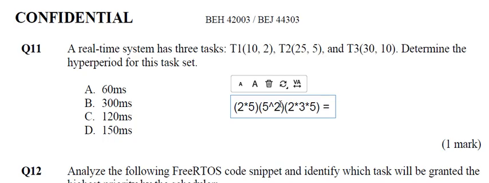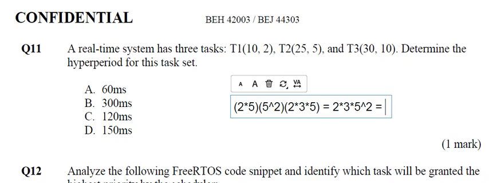In this case, 5 to the power 2 is the one for 5. After that you have a 2, and then you have 3. Both are power 1.